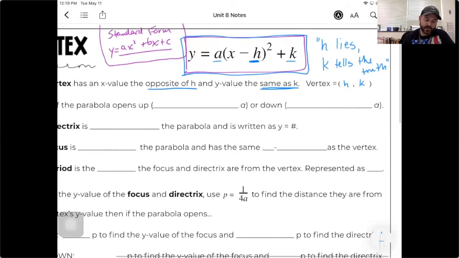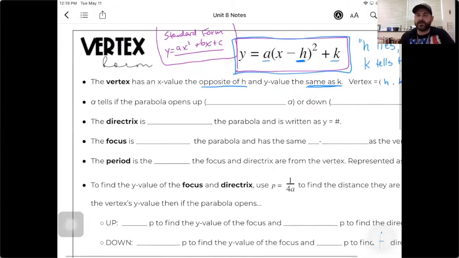Okay. All right, so this a value in the very front represents some coefficient that is going to tell us a couple different things. For one, that a value is going to tell us automatically if the parabola opens up, and we get that from a positive a value. For a positive a, the parabola opens up like this.